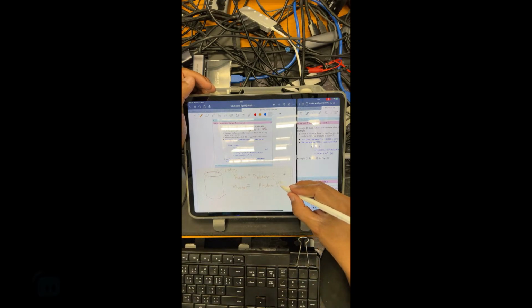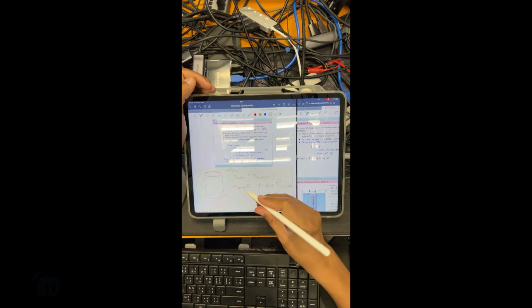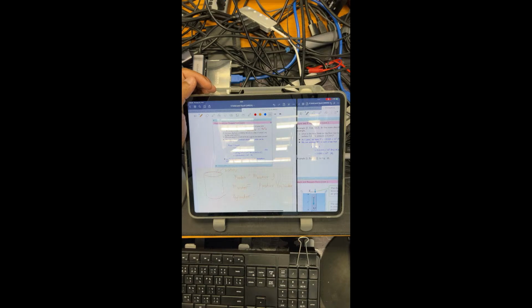Volume of what? Volume of cylinder, because we consider only the shape of cylinder, water inside cylinder. And what is V cylinder? V cylinder is, as we know here, pi r square h.